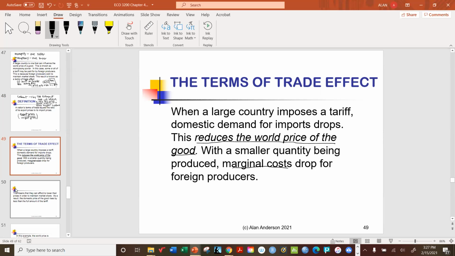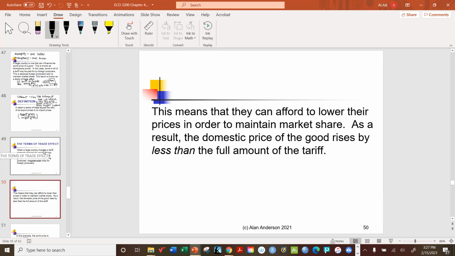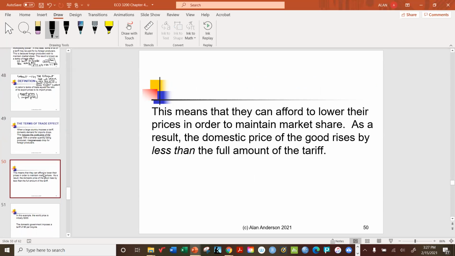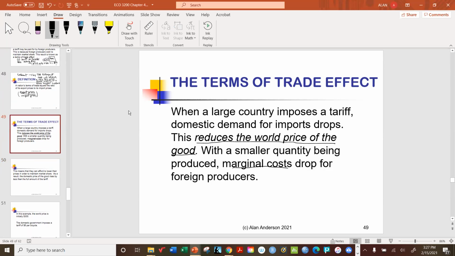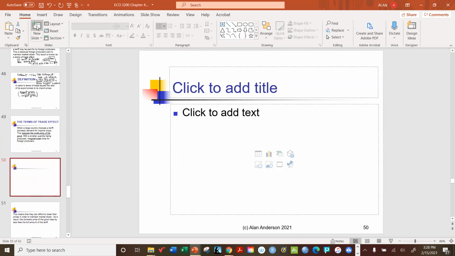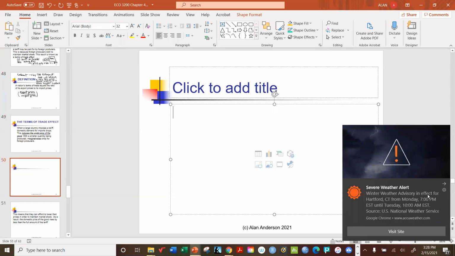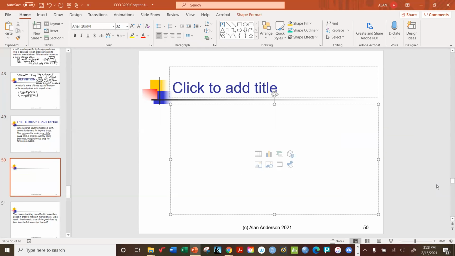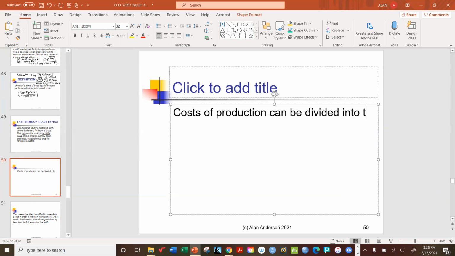Now, let's take a little bit of a detour here, just for a second, because we're talking about concepts that you might run into in microeconomics, but you might not have seen this before. Let me just quickly run through a few key terms with you here. First of all, the cost of production for any firm can be divided into two basic types.